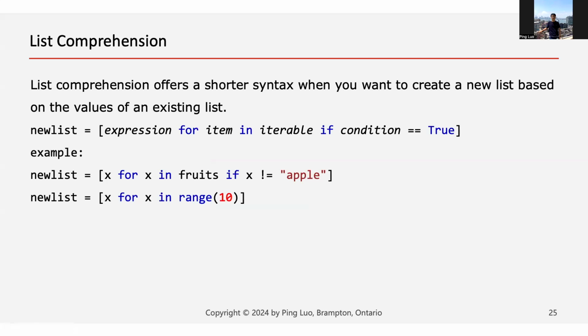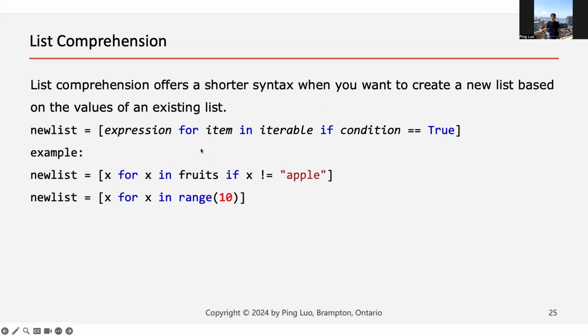So list comprehension. I'm not sure, but I guess most typical languages don't have this operation. Actually, this is a very special feature of Python. We can use a loop way to create a list.